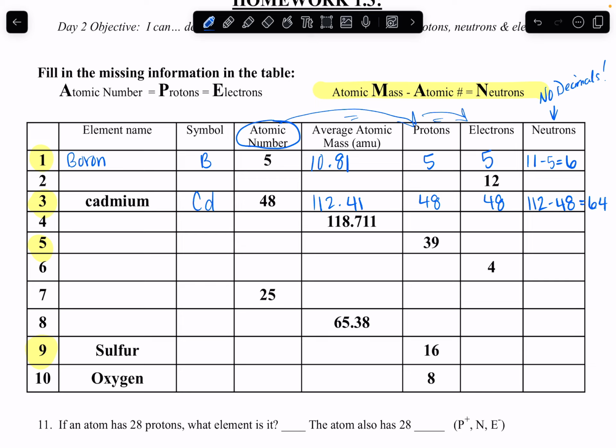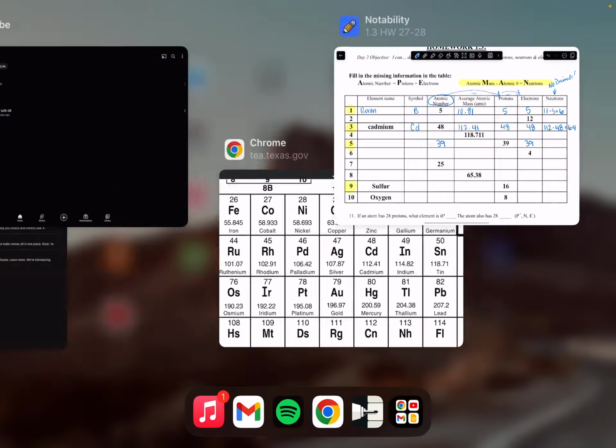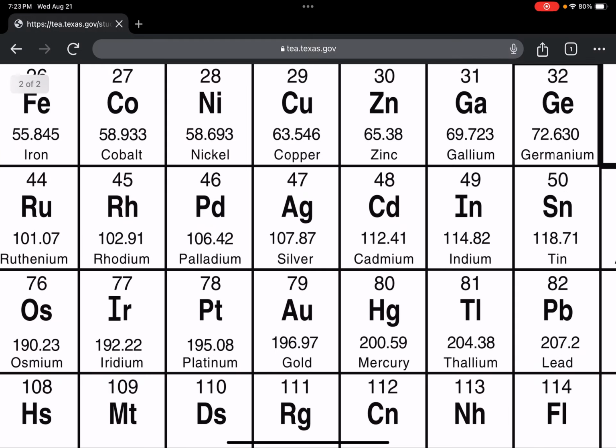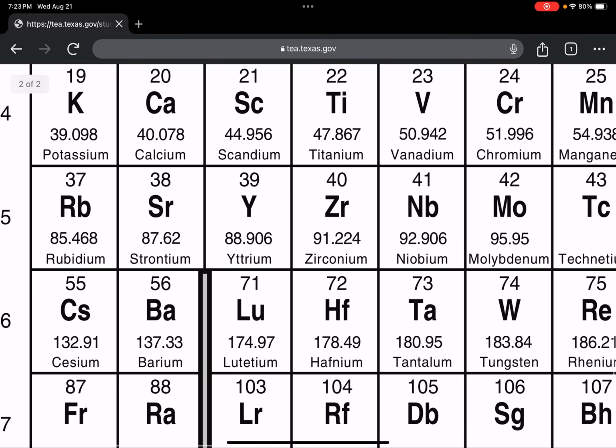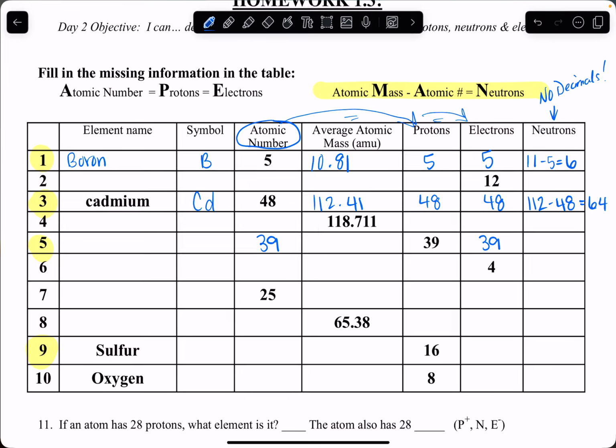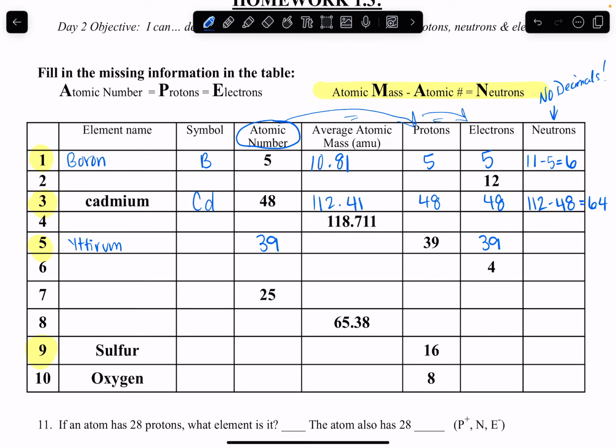All right, number 5, I'm given the number of protons. My number of protons is equal to the number of electrons, which is 39. That's also my atomic number, so I'm going to put it over here. Okay, let's go find what 39 is. 39 is yttrium. So, yttrium is Y-T-T-R-I-U-M.